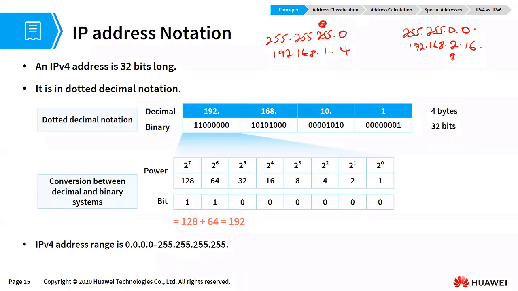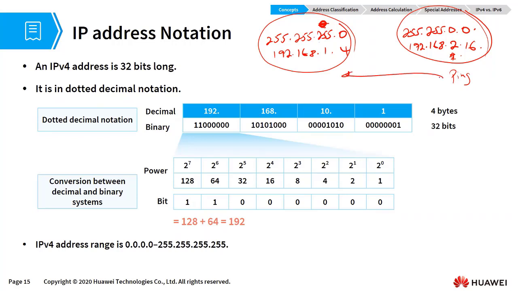But let me explain why they can't talk. Because this is a class, let me explain. If this is PC1 and this is PC2, and you ping PC2, PC1 will successfully send a ping packet to PC2.